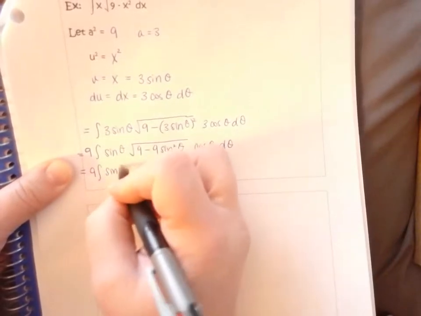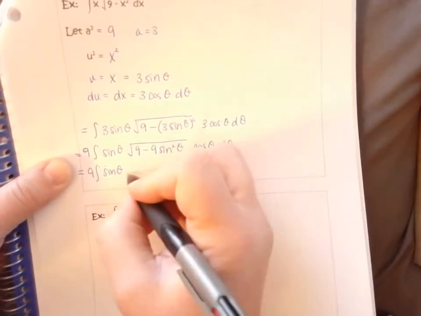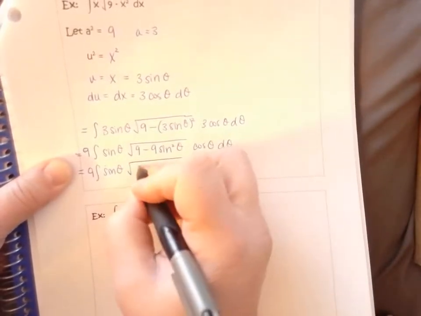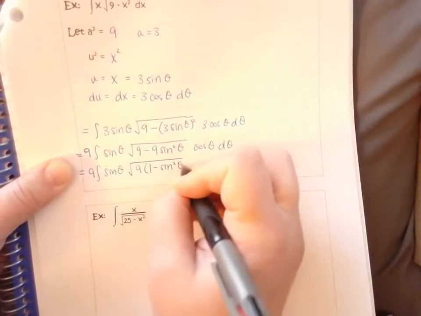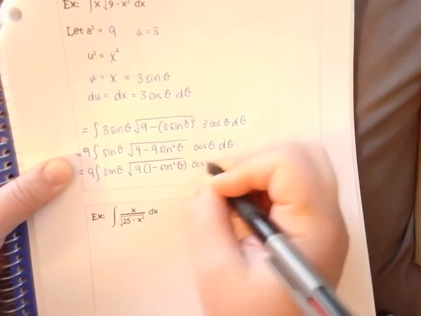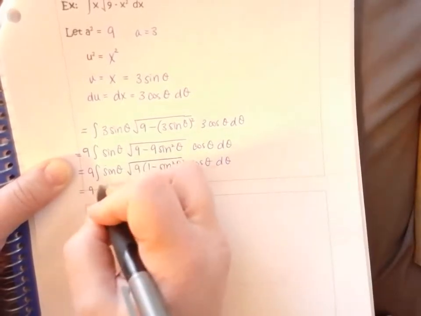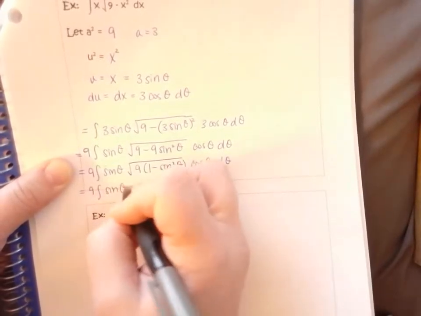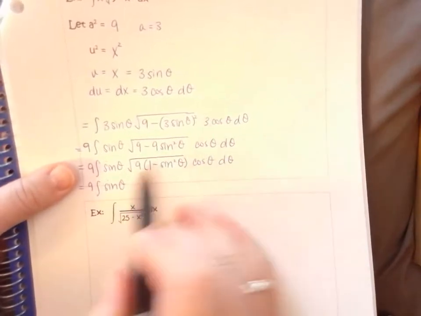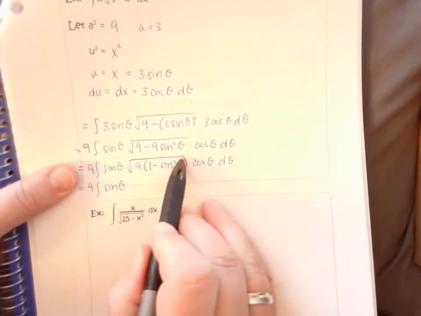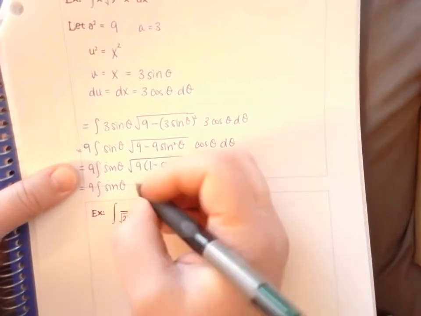I hope you can see that the radicand also includes a common factor of 9, so I'm going to factor that out. And there's a reason behind that. When you take the square root of a product, you can take the square root of the first part and then take the square root of the second part separately. So I am going to square root the 9 right away.